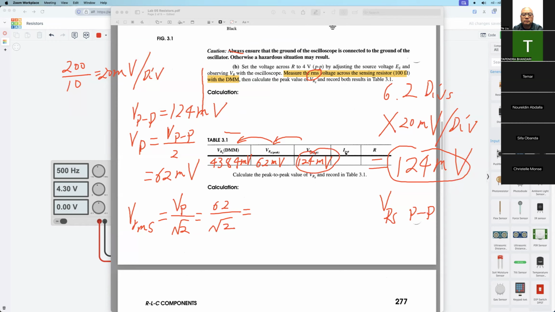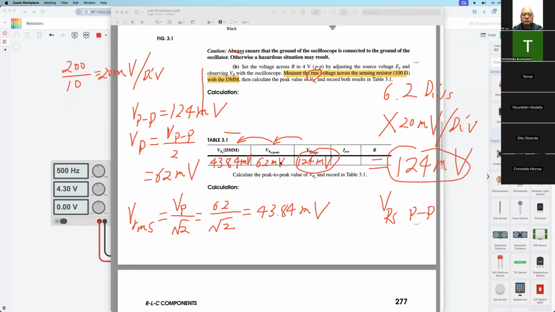Okay, so we need to use this value to get the I peak to peak value. This is the series circuit, right? Then for the I peak to peak value, let me write down this first. So we can use Ohm's law, right? Okay, let's keep going down.